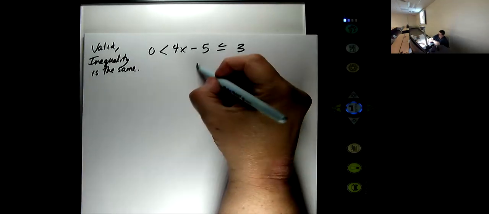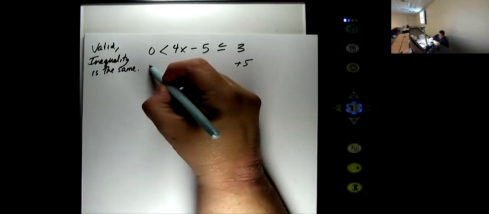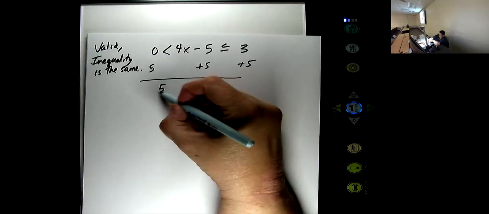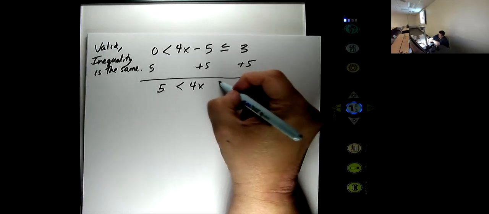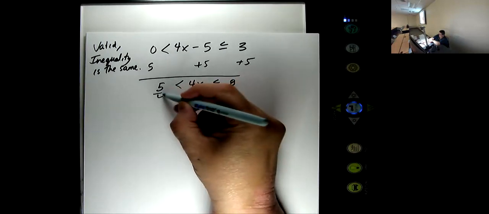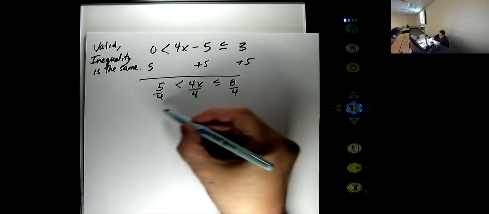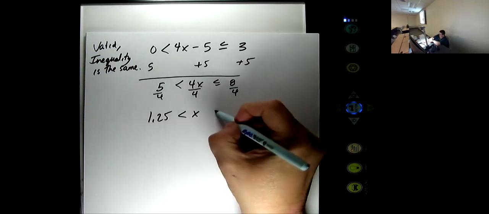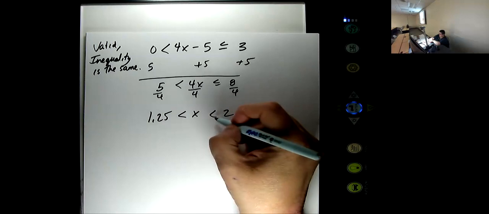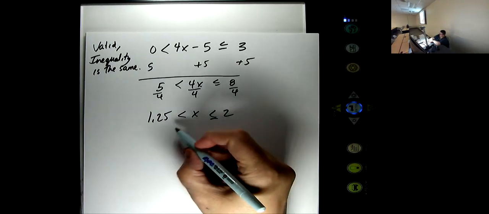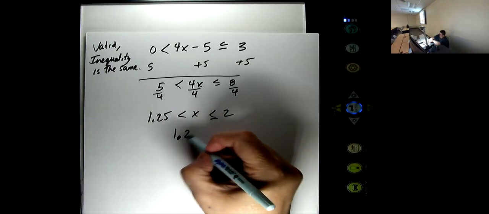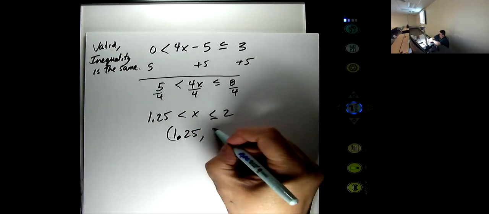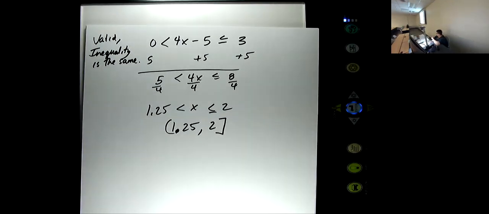And if you were to go through this and divide by 4, we get 5/4, which is 1.25. It's less than x, which is less than or equal to 2. And we have one of those intervals that has a bracket on one side.